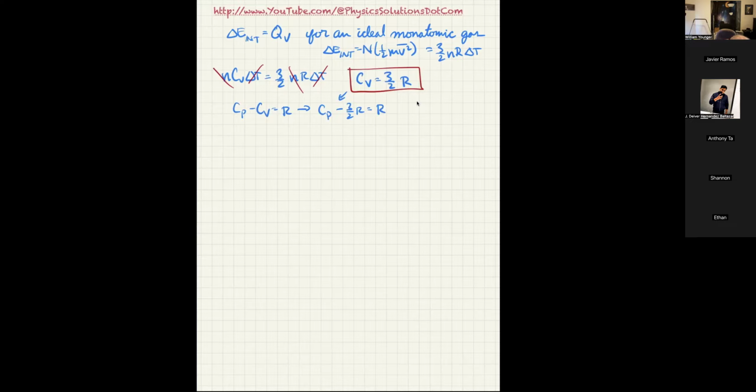And of course, when I add 3 halves R to both sides, I get 2 halves plus 3 halves, so that's 5 halves. So I'm going to get CP is equal to 5 halves R.